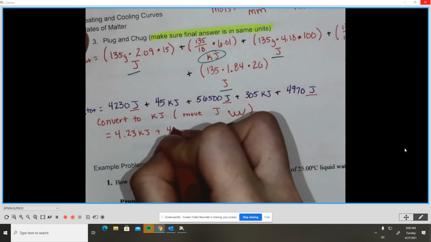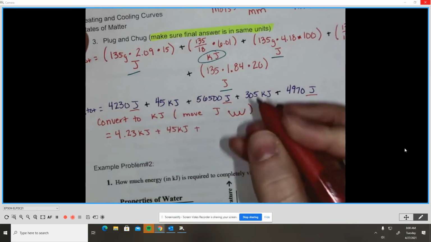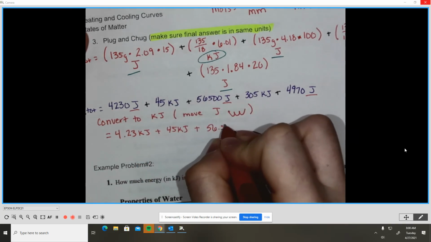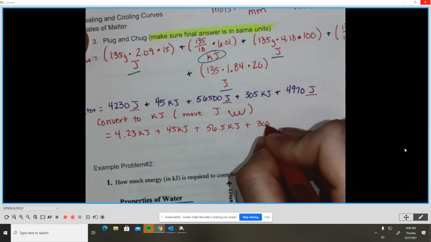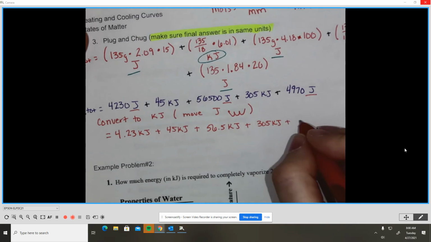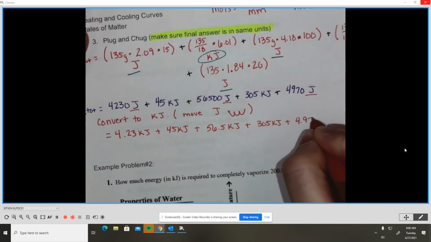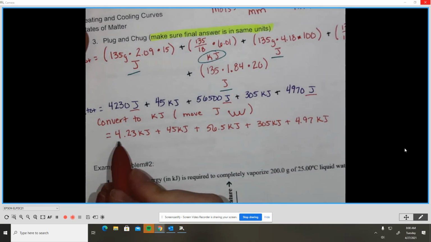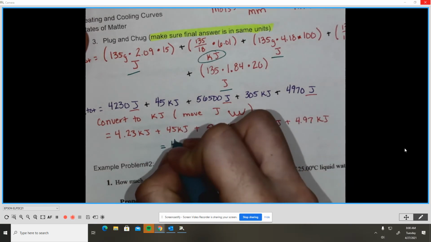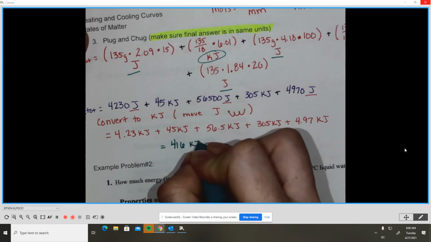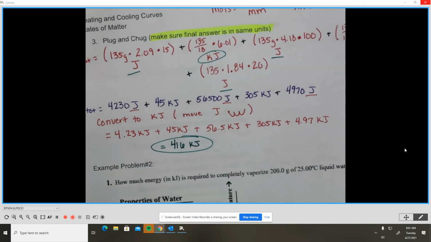This one stays the same, 45 kilojoules, plus 56.5 kilojoules, plus 305 kilojoules, plus 4.97 kilojoules. Add all of that up, and we end up getting an answer of 416 kilojoules.